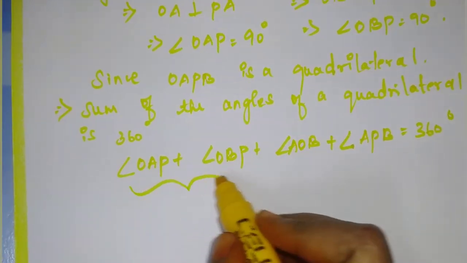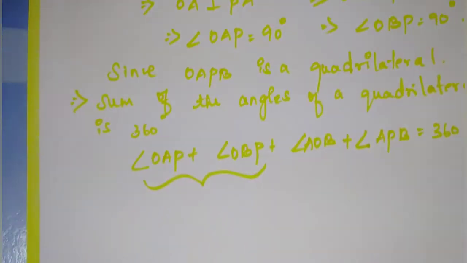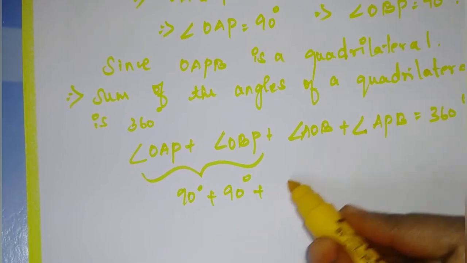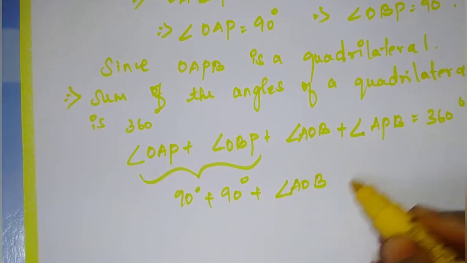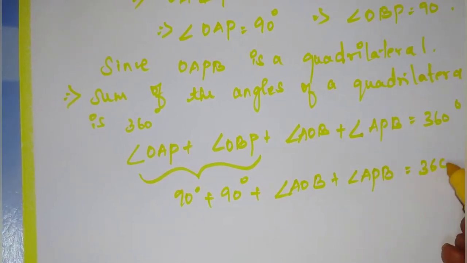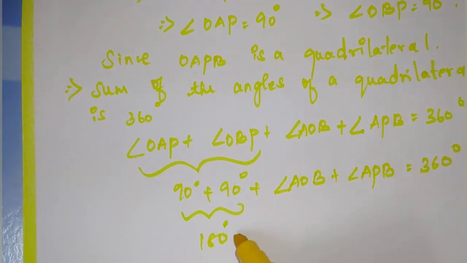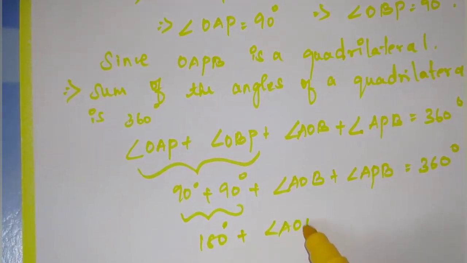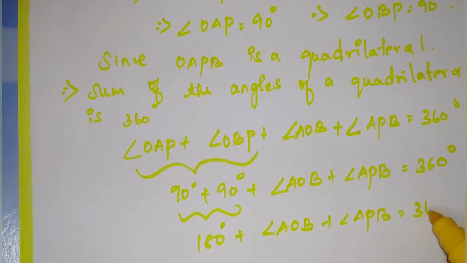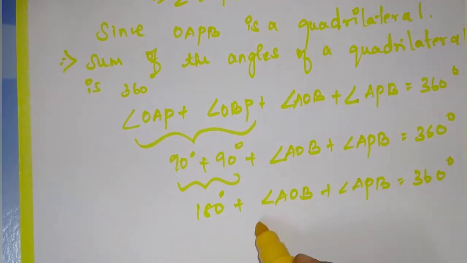We know that these two angles are 90 degree. 90 plus 90 plus the remaining angle AOB plus angle APB is equal to 360 degree. So if you add this, what will you get? 180 plus angle AOB plus angle APB is equal to 360 degree. Okay? Now shift this 180 to the right hand side.